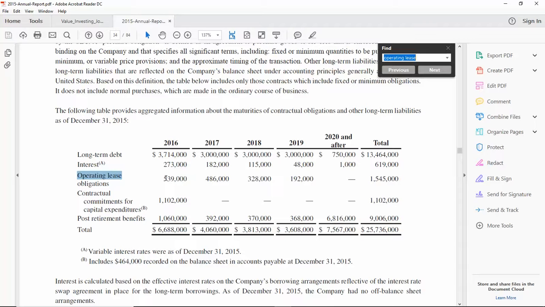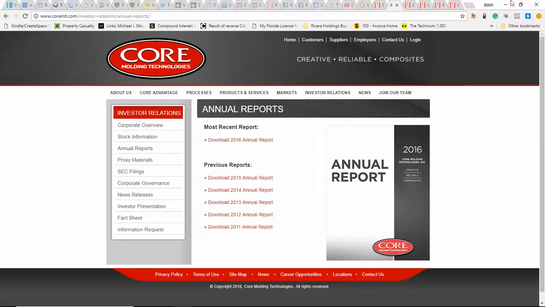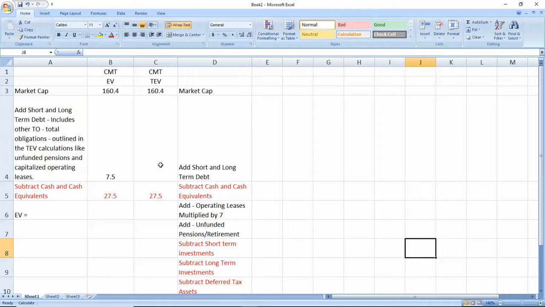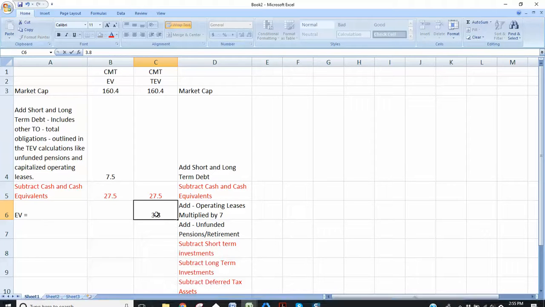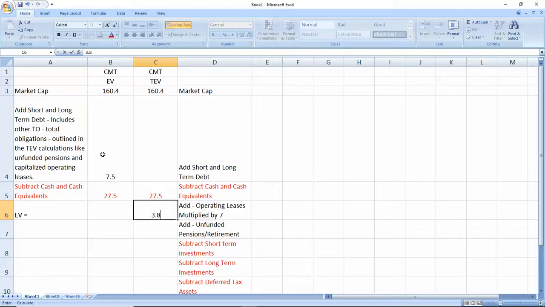So you want to always use this number right here, the most recent number. So 539 times 7. So 3.8 million in operating leases. 3.8. And again, I'll add this after I get all these numbers, the unfunded pensions, I'll add this up here.